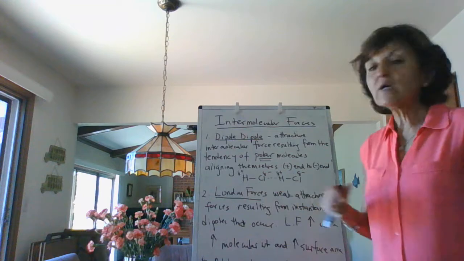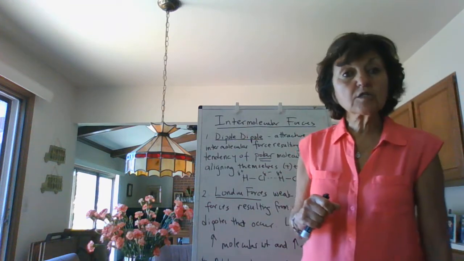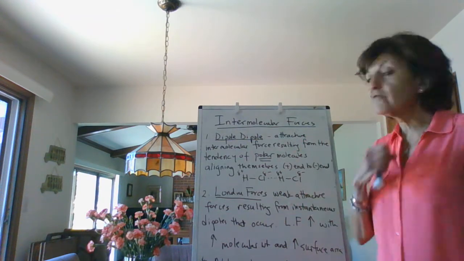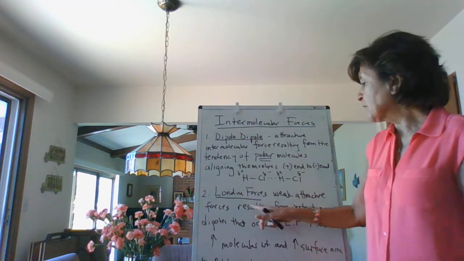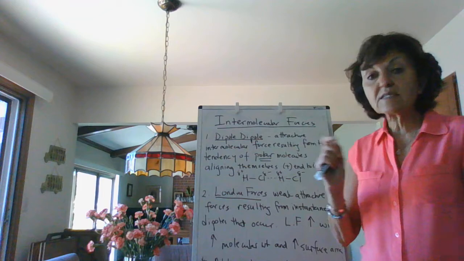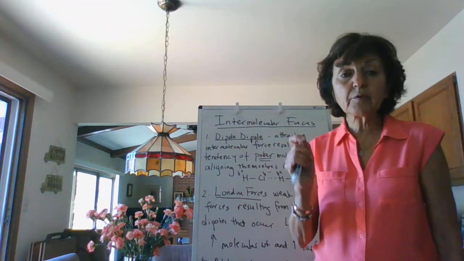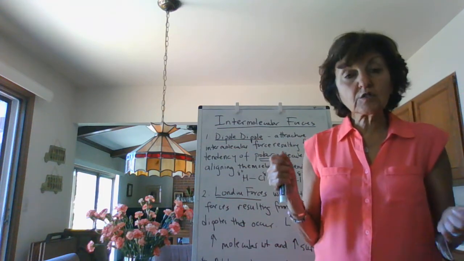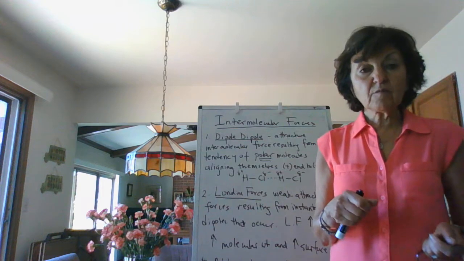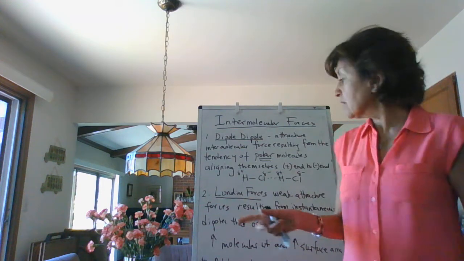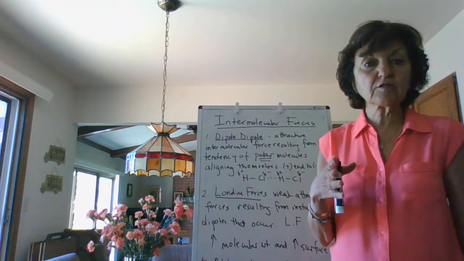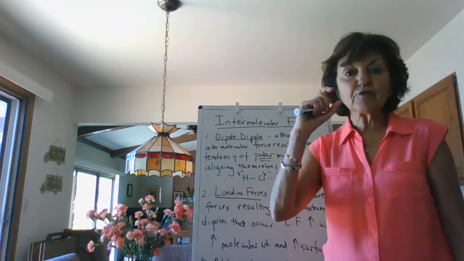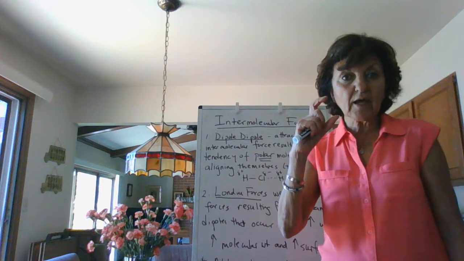Okay, what is a London force or a London dispersion force? This is very weak. This is the weakest of the three intermolecular forces. It results from an instantaneous, very temporary dipole. So there's an attraction between these molecules, but it's not because there's a permanent partial positive and partial negative. It just happens for an instant and then it goes away.